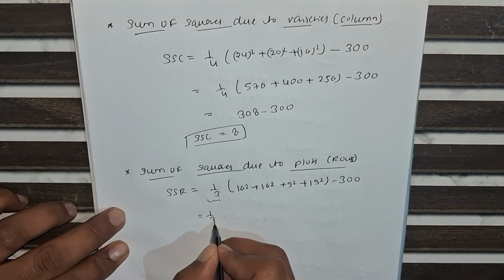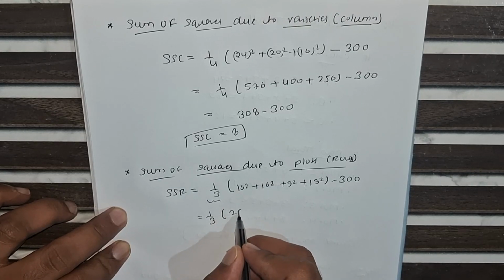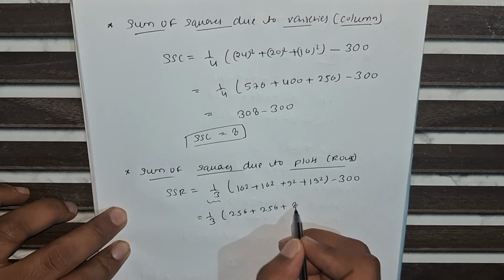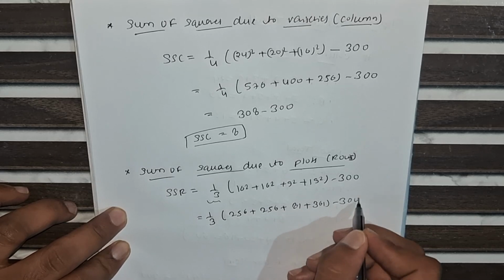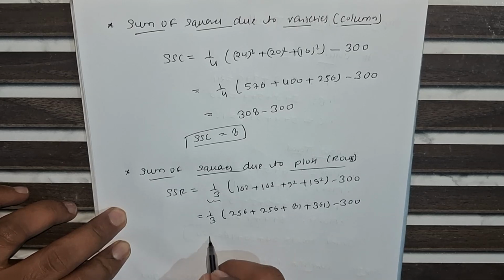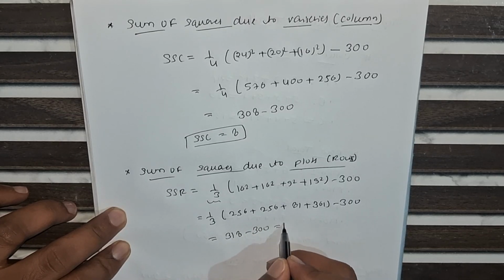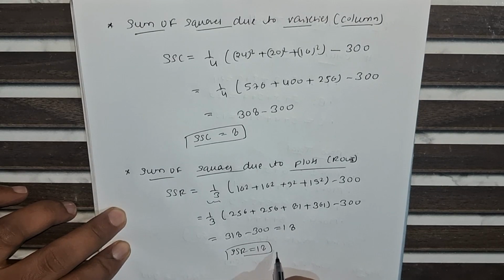So 1 by 3, now square these. 16 square is 256 plus 16 square is again 256 plus 9 square is 81 plus 19 square is 361, minus 300. When you add it and divide by 3, it becomes 318 minus 300. It becomes 18. So our SSR equals 18. This is sum of square due to plot, means row.